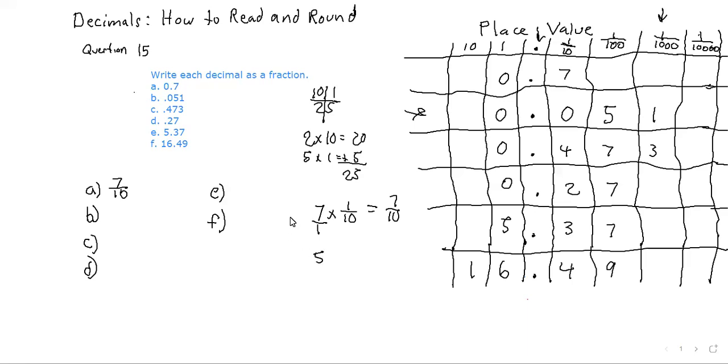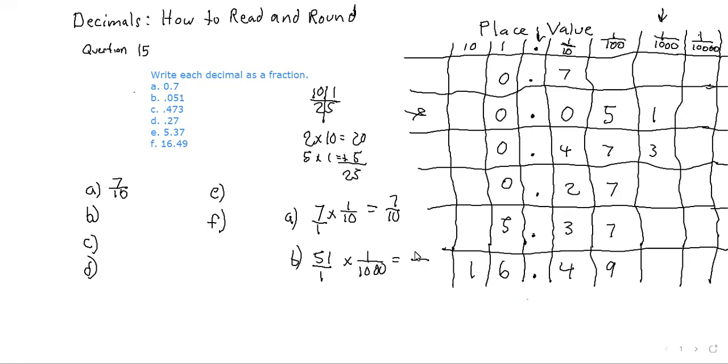We're doing B now. 51 times, what's the place value? 1,000th. So we're going to have that 1,000th there. Again, since fractions are involved, we have to make sure that all the numbers are in fractional format. We just put a 1 under the 51. When multiplying fractions, we multiply across the top and multiply across the bottom.